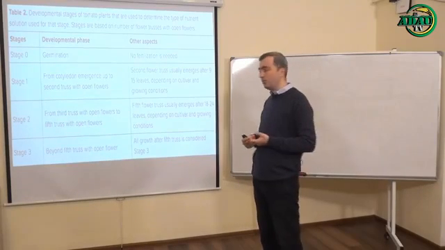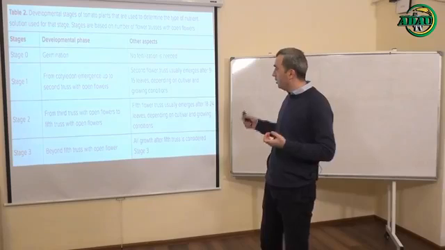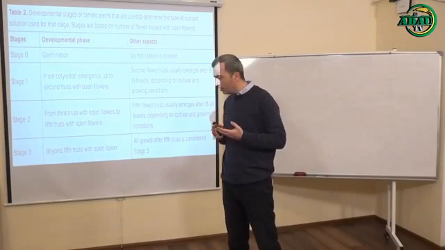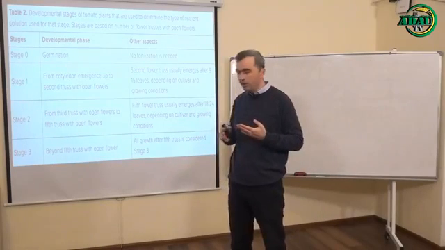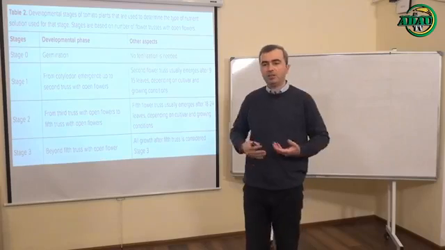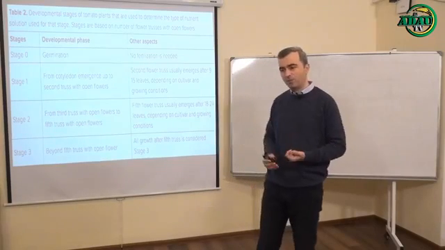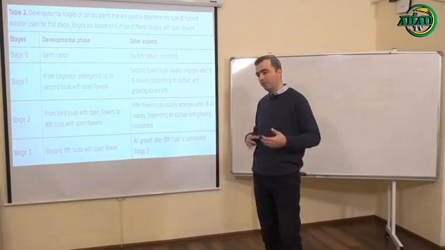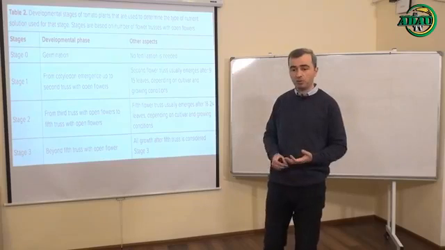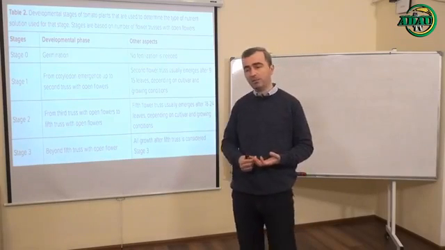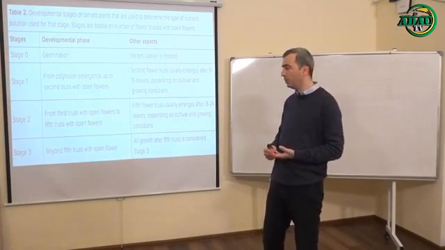So this first stage is a stage when the grower could be a bit relaxed and just provide the necessary temperature, humidity, and irrigation water in order to let the seed germinate.